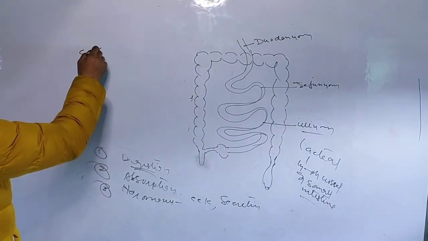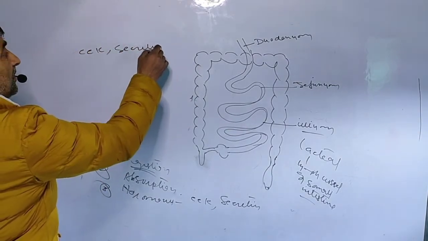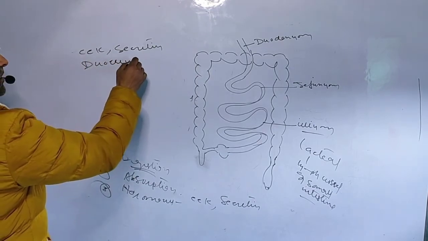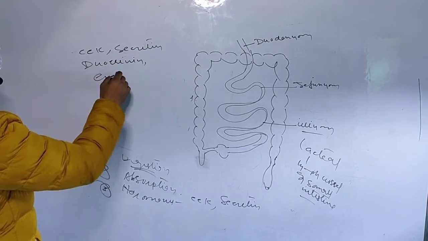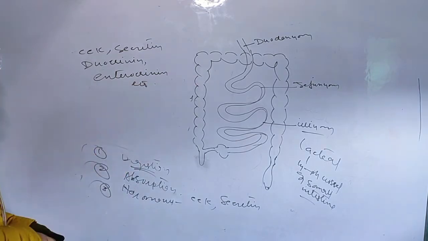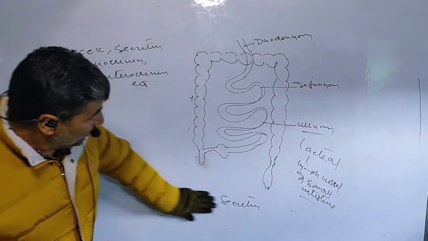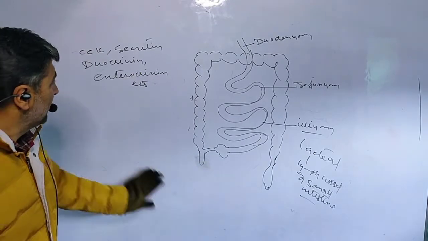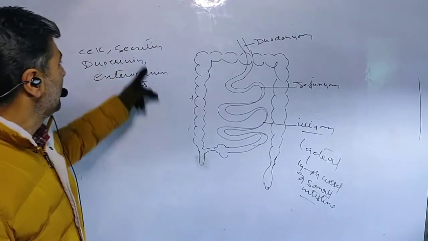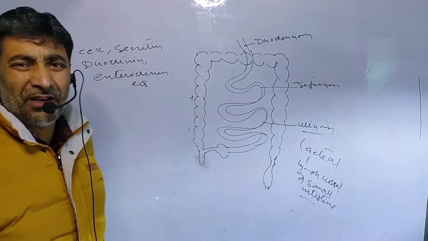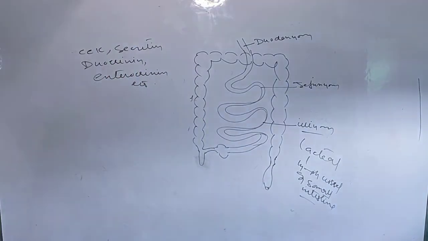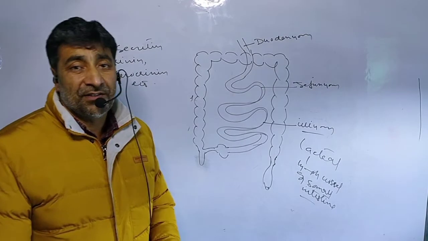CCK is cholecystokinin. Secretin, duocrinin, enterocrinin are other hormones. That part we shall take later on. So this is all about the small intestine.